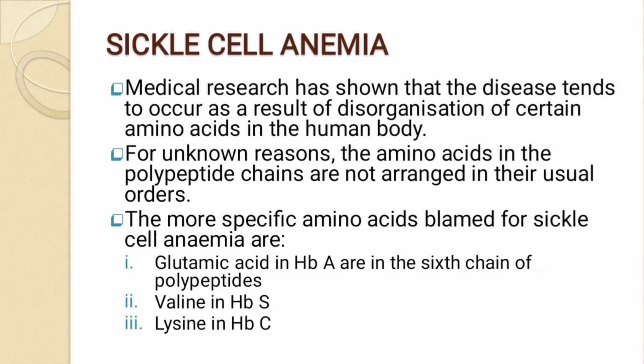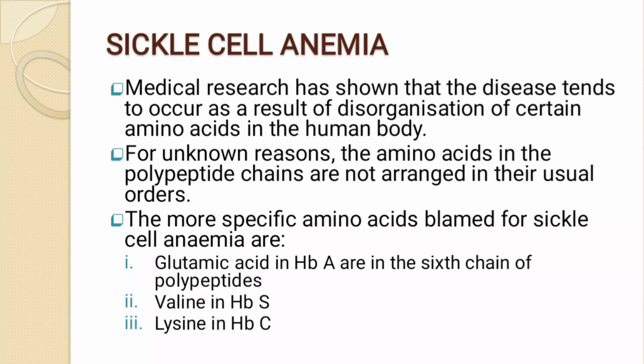Another type of anemia is sickle cell anemia. Medical research has shown that the disease tends to occur as a result of disorganization of certain amino acids in the human body. For unknown reasons, the amino acids in the polypeptide chains are not arranged in their usual order.